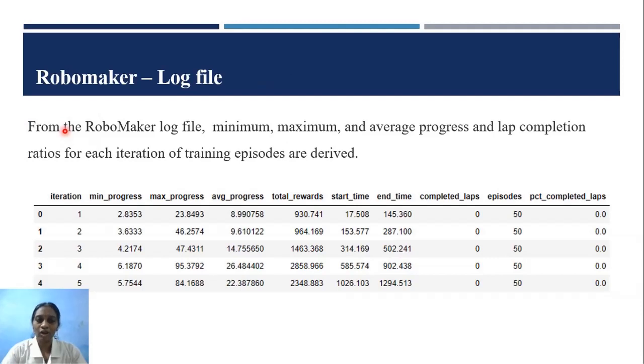From the RoboMaker log file, we can analyze the minimum progress, maximum progress, average progress, total reward, the time taken to complete the laps, whether the laps have been completed, and how many episodes per iteration are happening. Everything we can derive from the RoboMaker log file.